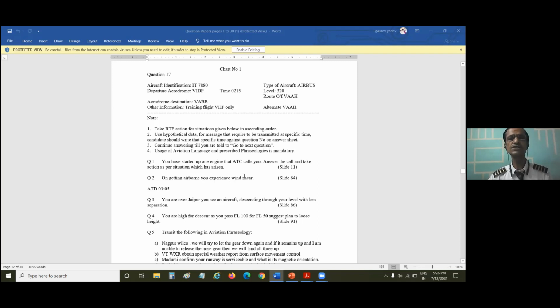You experience wind shear. Now anybody very fast, because again we are running short of time. Anybody can tell me what is shear? Forget wind, only shear. What do you mean by shear? Now don't give me that definition which the AMEs have, with the two plates and all that. Not that.